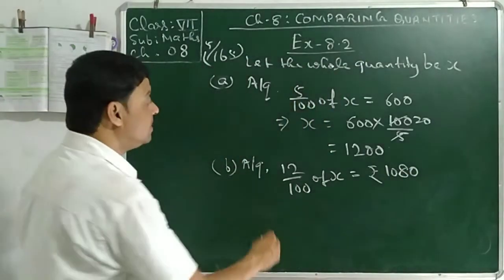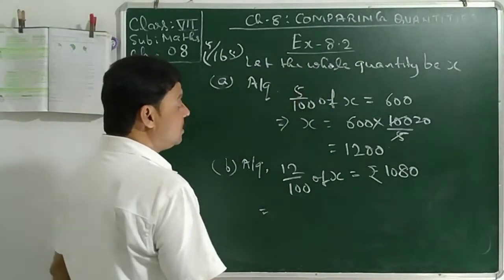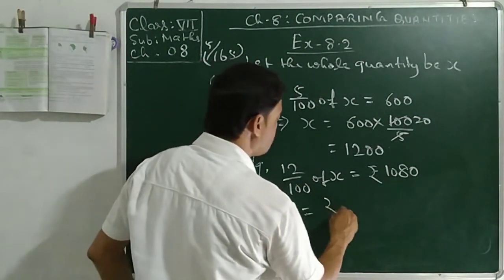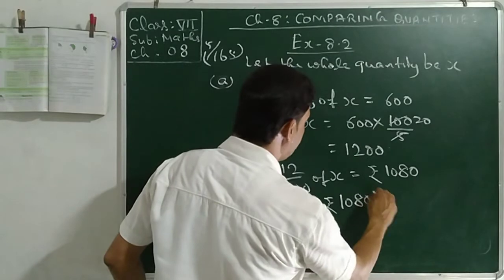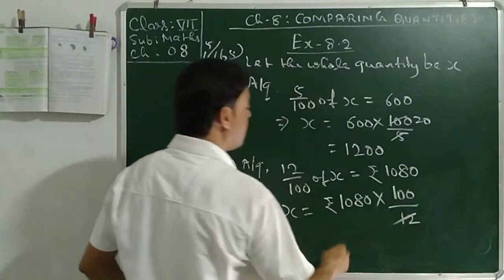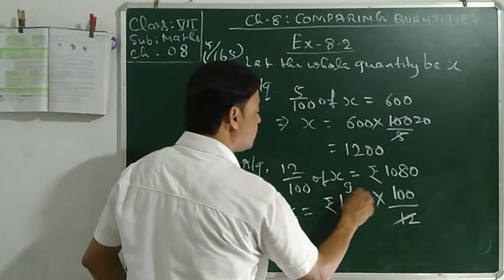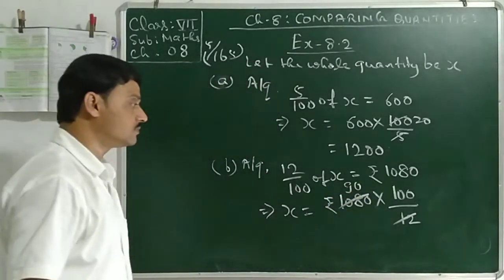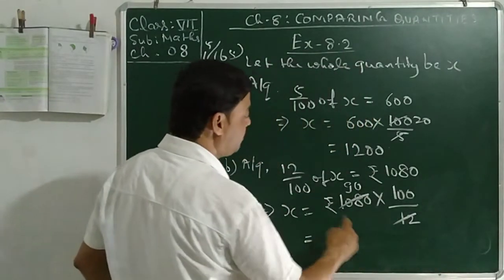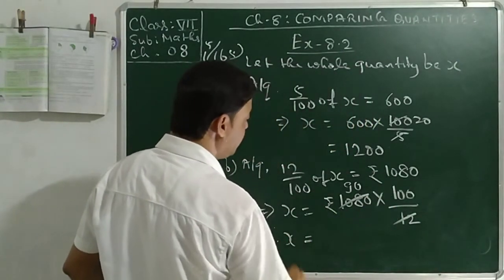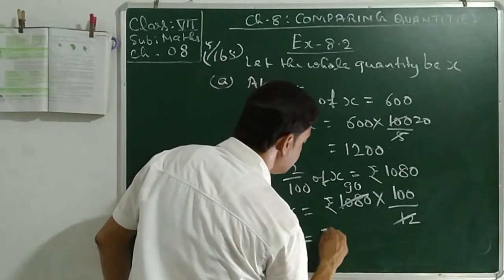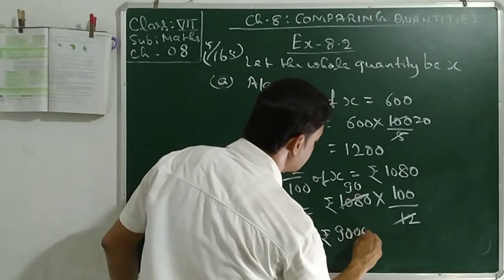See, x will be equal to rupees 1080 into 100/12, and 12 90s is 1080. So the whole quantity x will be 100 into 90, that is rupees 9000.